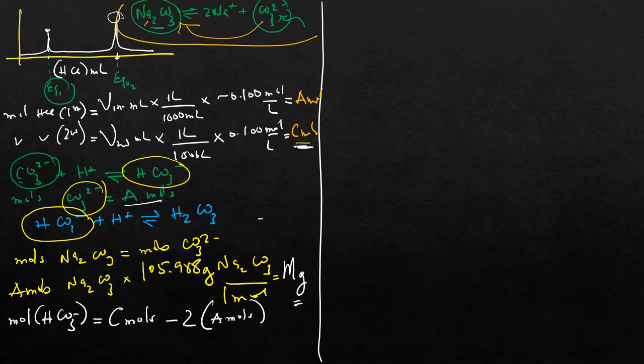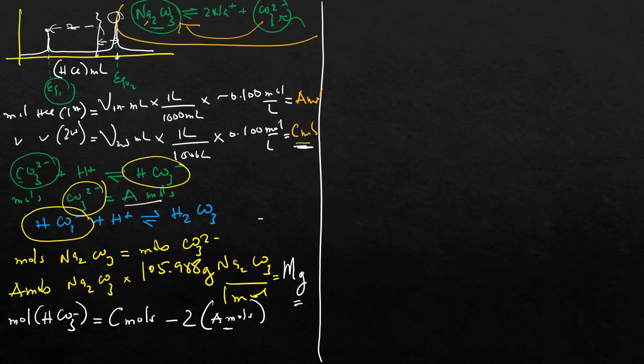If you multiply this by 2, we expect that the excess should be coming from your bicarbonate. So C moles minus 2 times A moles, and A moles is the moles of your HCl that reacted with your carbonate at the first equivalent point.